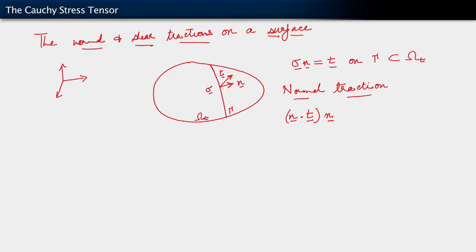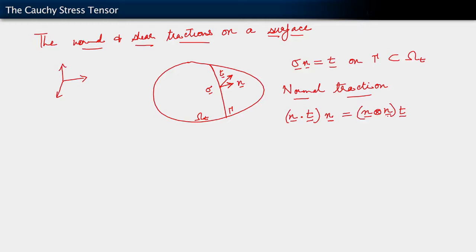The way this can be applied to T is the following. Invoking the idea of our tensor product or the dyadic product, we have n tensor n as a second order tensor acting on T. And you see how this works, because the second n, the n on the right hand side in that tensor product, is dotted with T, and that's multiplied by n.